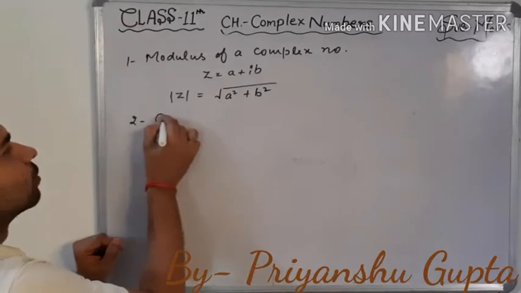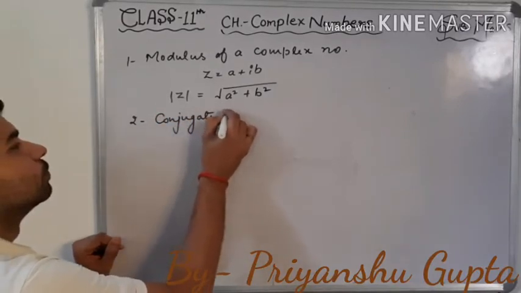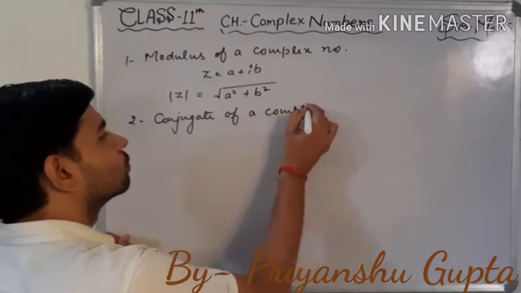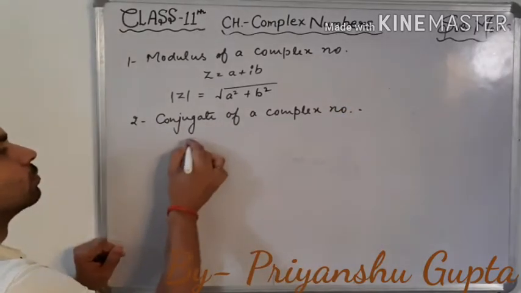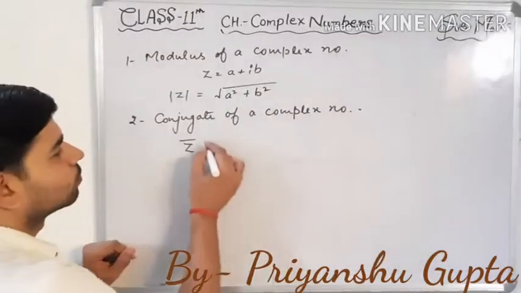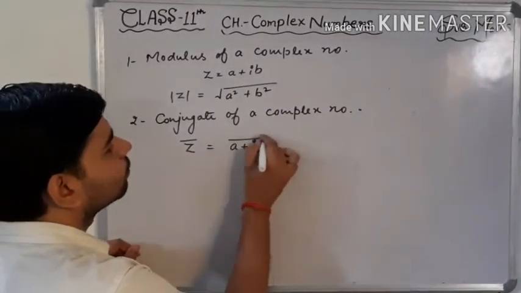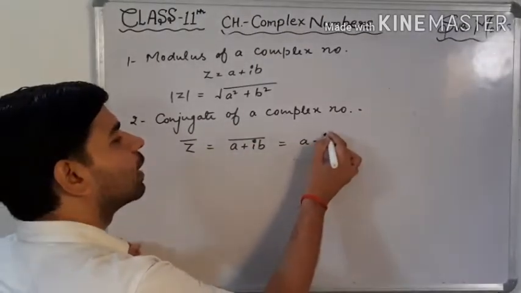Second, conjugate of a complex number. It is denoted by z bar, equal a plus ib bar, and its value is a minus ib.